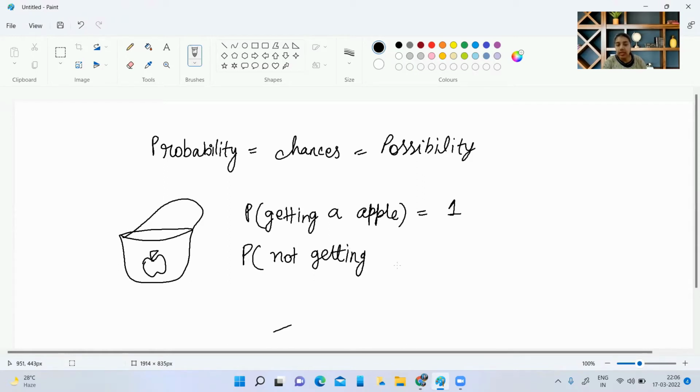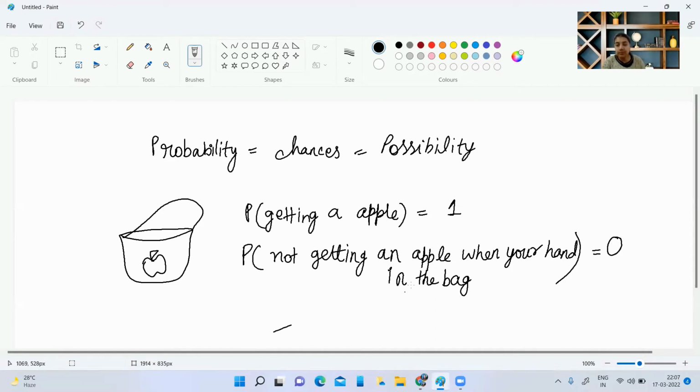So when you put your hand inside the bag, you will say that definitely we will find an object called apple, because certainly apple is here. So the probability of not getting an apple is 0.